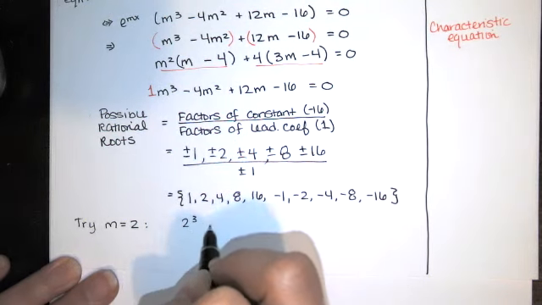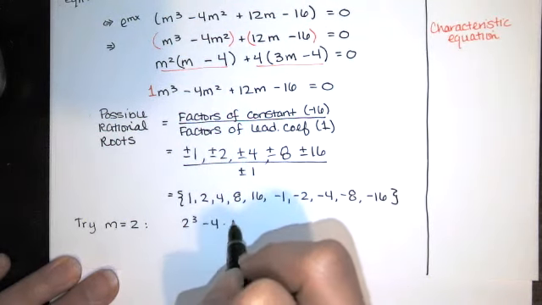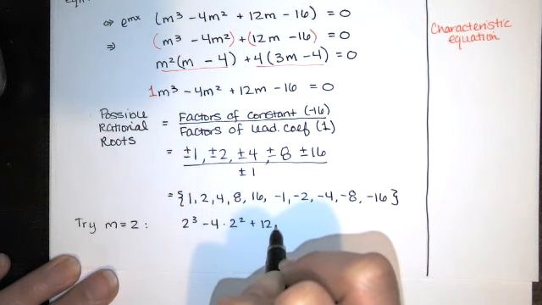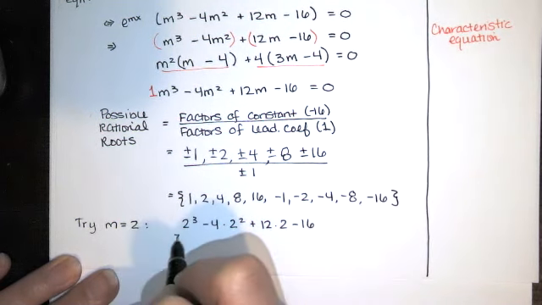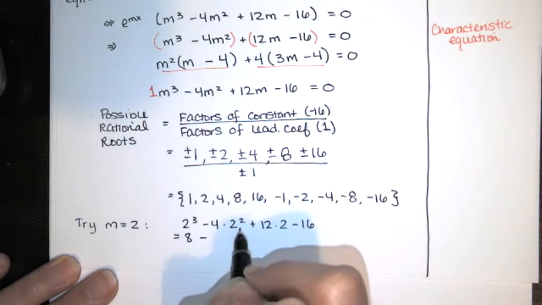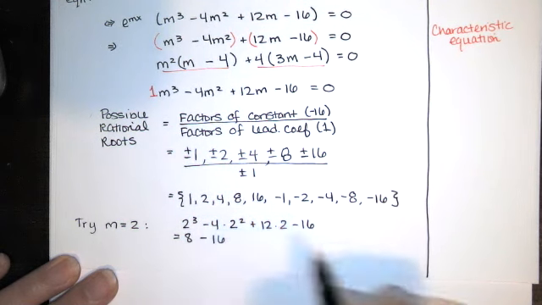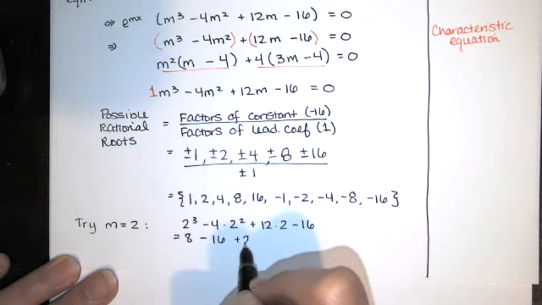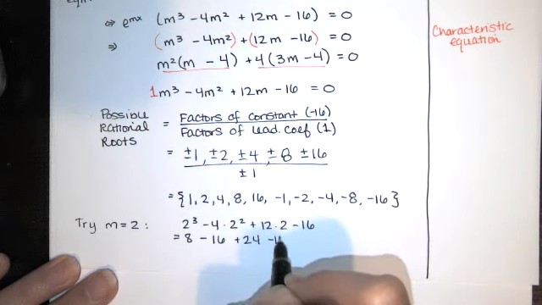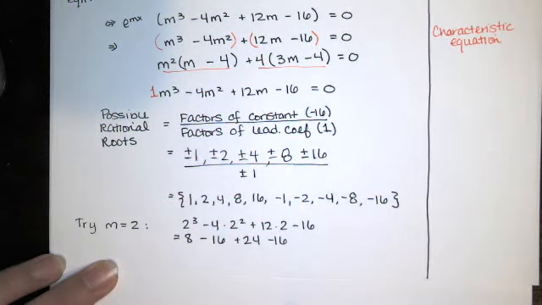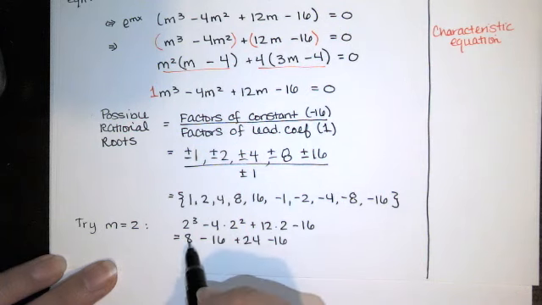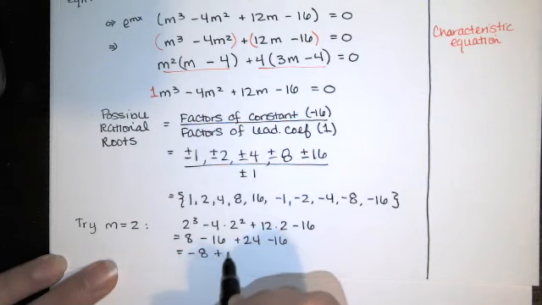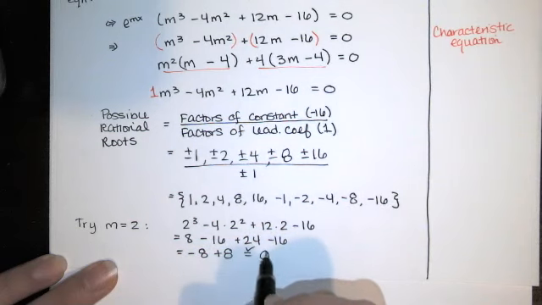So we'll just take it, we'll cube it, substitute it in for m. We'll see if it works. So I've got 4 times 4 is 16 there. Okay, so we have 8 minus 16 is negative 8, and 24 minus 16 is positive 8. That does work.